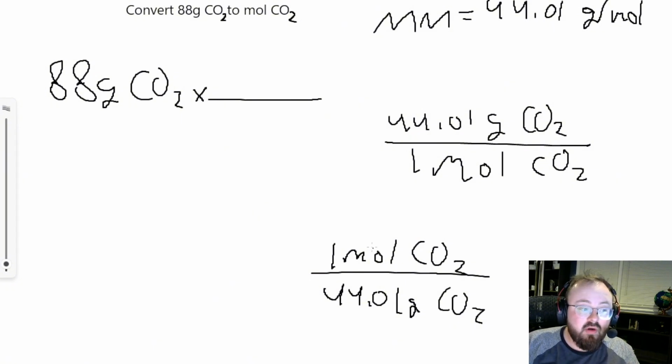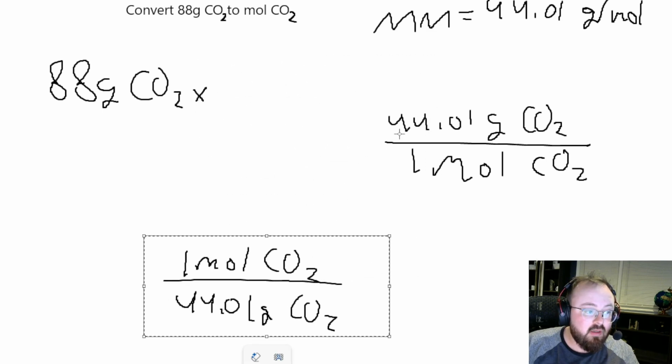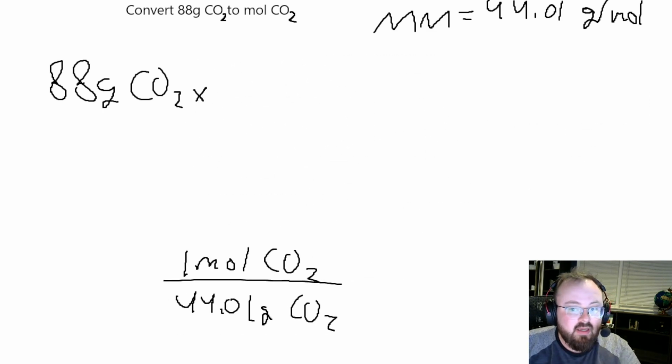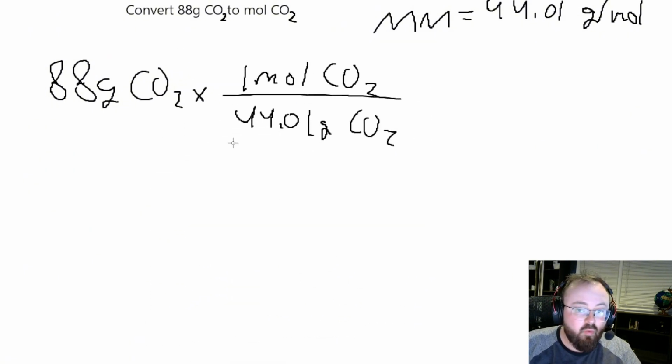Now, we're going to take one of these, and actually I'm going to erase that line there. We have grams of carbon dioxide right here, which means on the bottom of my equation, I want grams of carbon dioxide. Let's get rid of that, goodbye, and put this now here. Why?